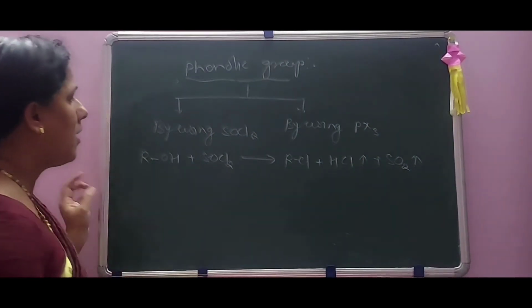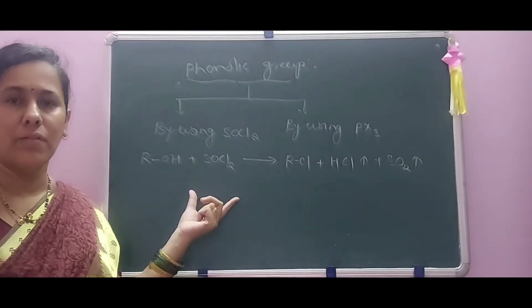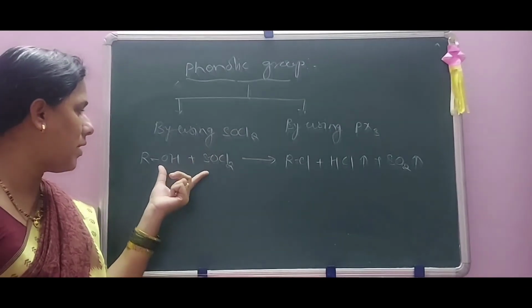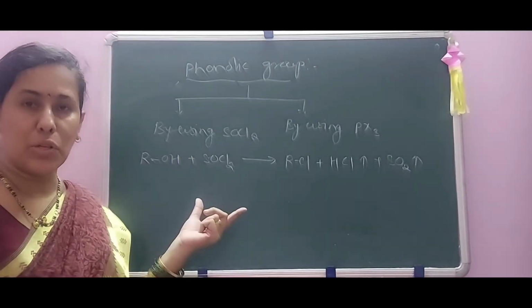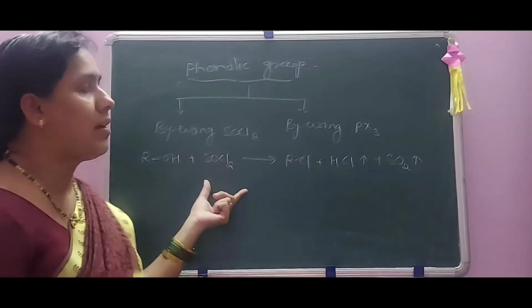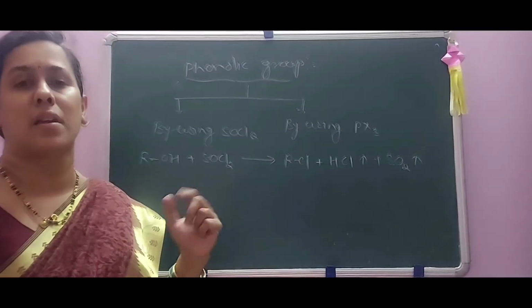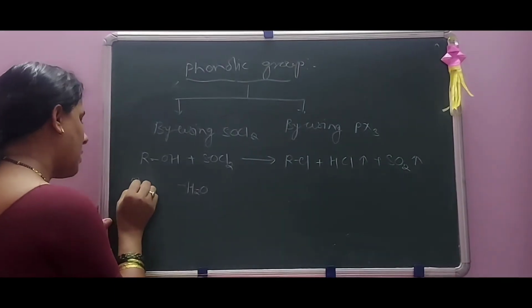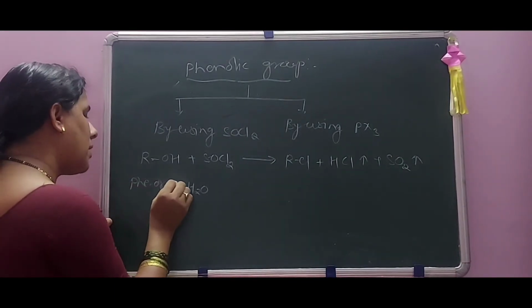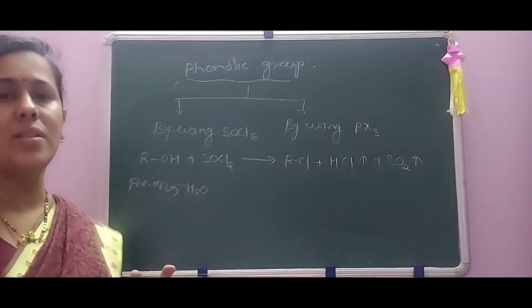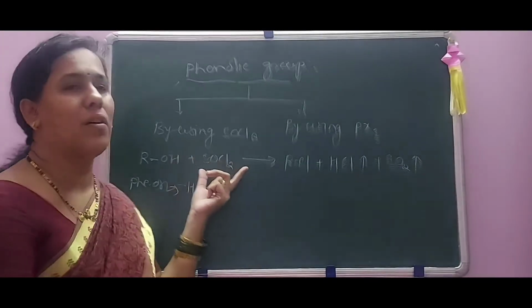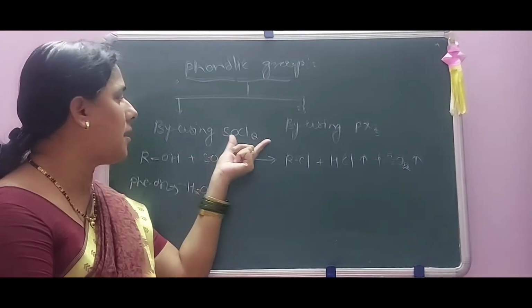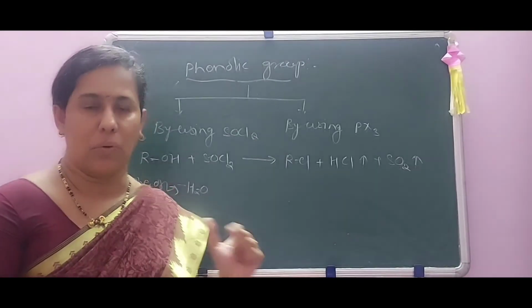Now in this reaction, SOCl2 reacts with a compound containing a hydroxy group. The phenolic OH group can be removed as a water molecule. This is the specialty of the phenolic group, and the reaction is carried out with SOCl2.